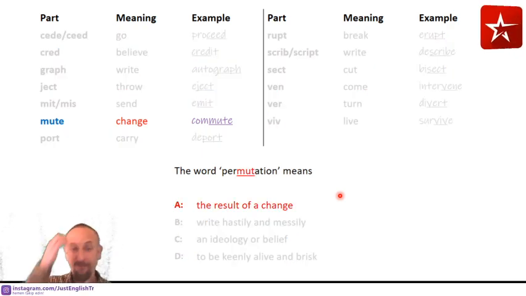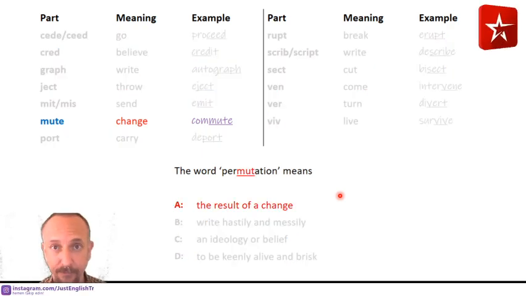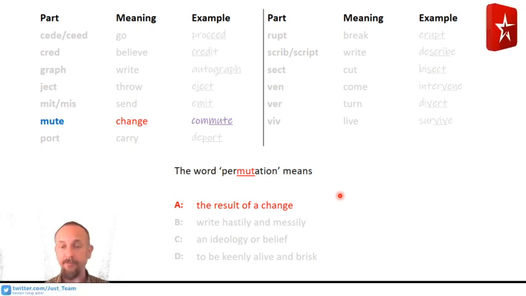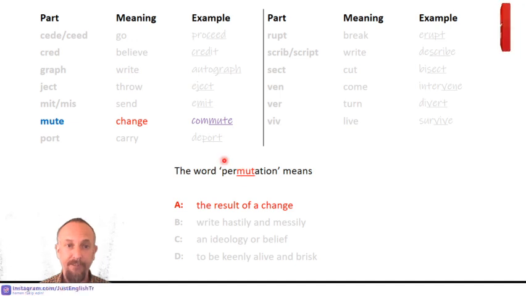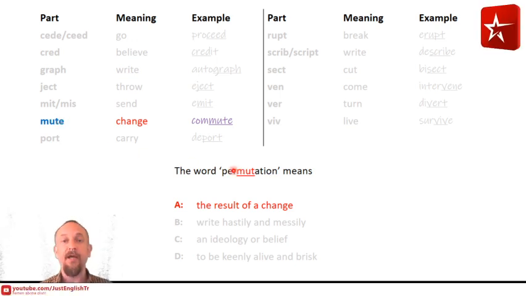And let's have a quick look, because we have an incredible amount to do today. So we have this here, mute, meaning to change. I think actually that's one E too many. If we look at mutation, a butterfly starts its life as a caterpillar, and then it metamorphosizes.